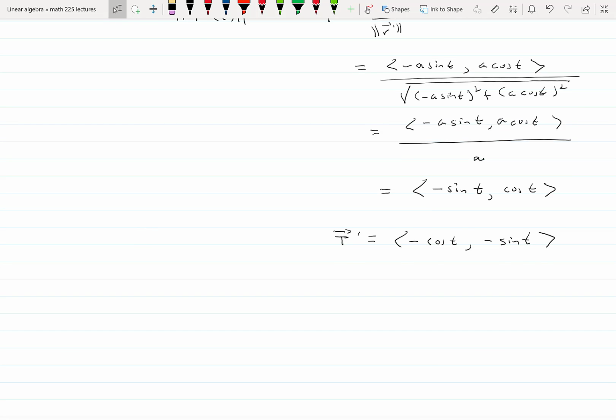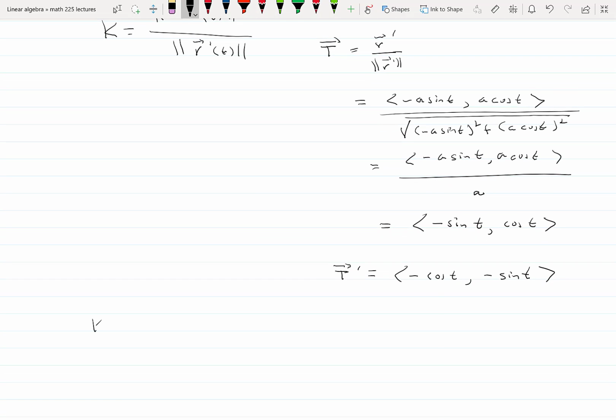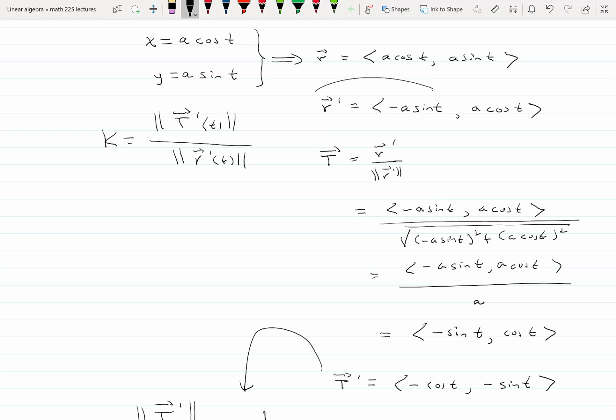I also need r prime, which I already found. So my curvature is the length of T prime over the length of r prime. The length of T prime, what's the length of the vector whose components are negative cosine t and negative sine t? The 1. Okay. What's the length of r prime? Well, there's r prime.